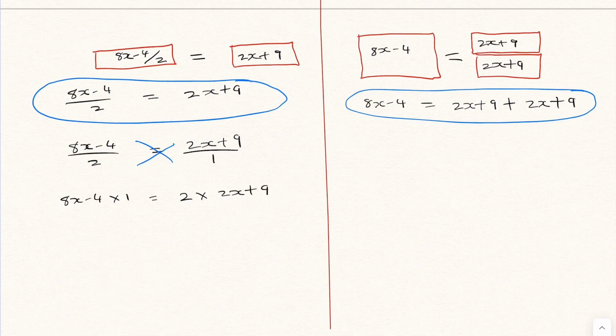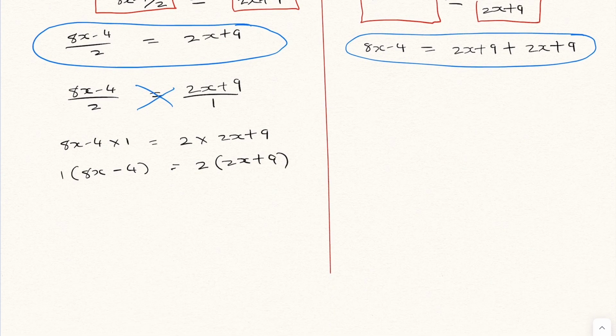It's the same thing as saying 1 goes into bracket 8x minus 4 is equal to 2 goes into bracket 2x plus 9. 1 times 8x is 8x, 1 times minus 4 is minus 4, is equal to 2 times 2x is 4x, and 2 times 9 is 18. In order to move forward, we will add 4 to both sides to eliminate this 4.